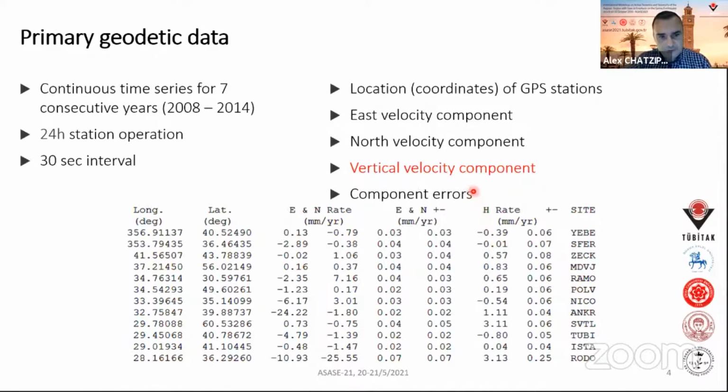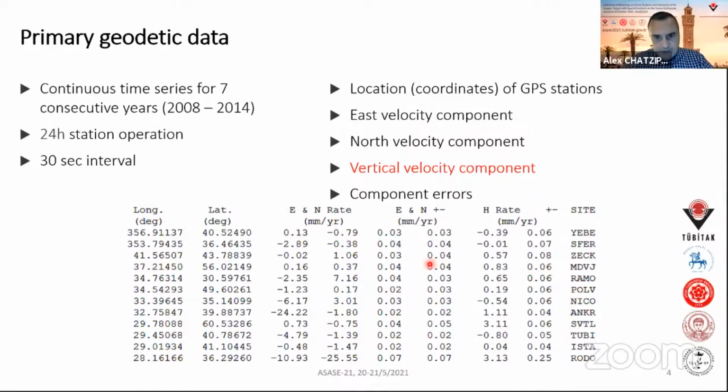We discarded the vertical velocity because vertical velocity is not very well expressed in GPS measurements. So we worked with east and north velocity together with their error margins.